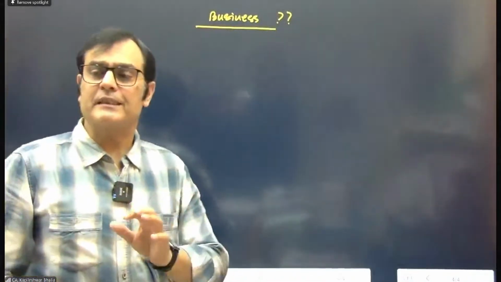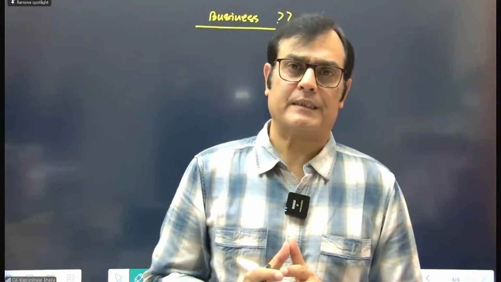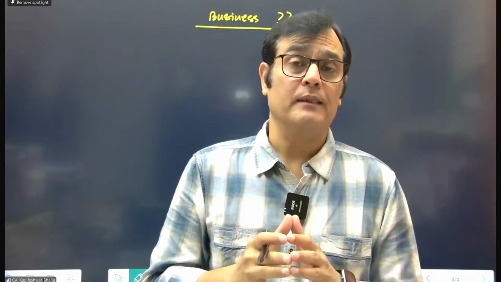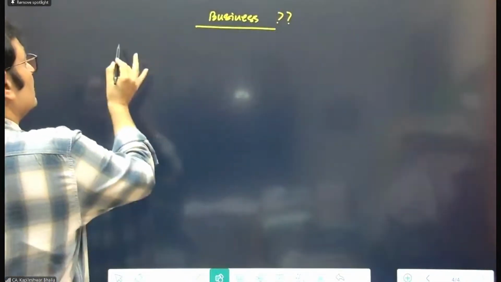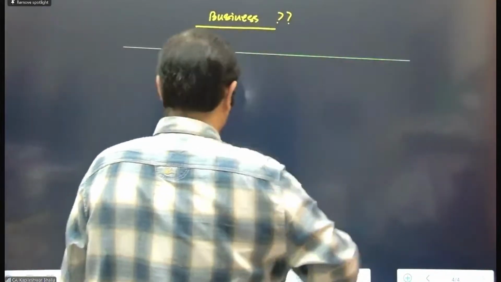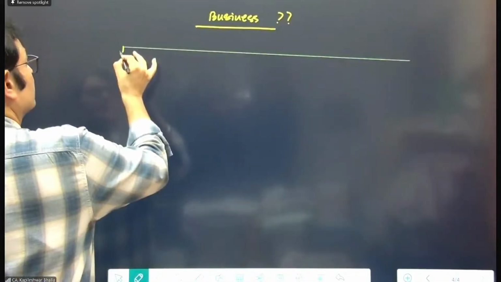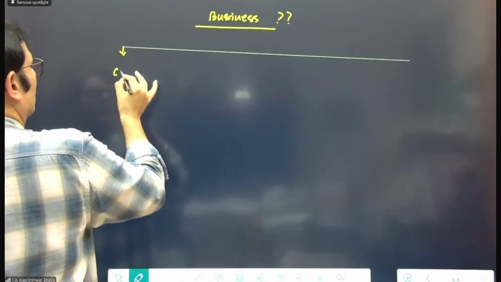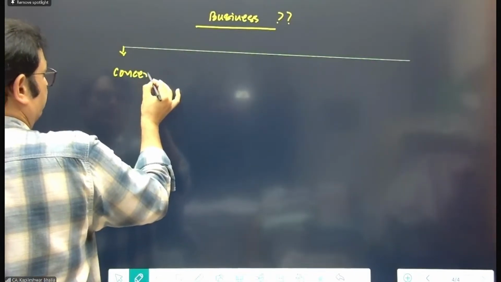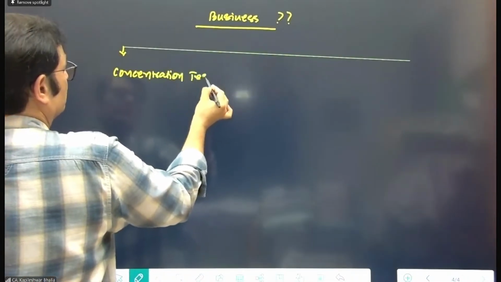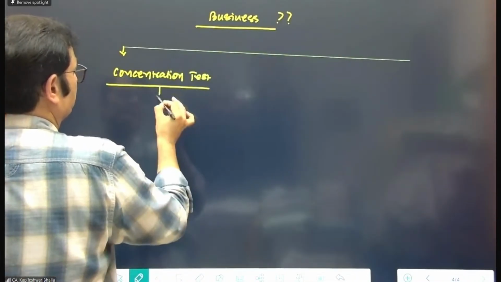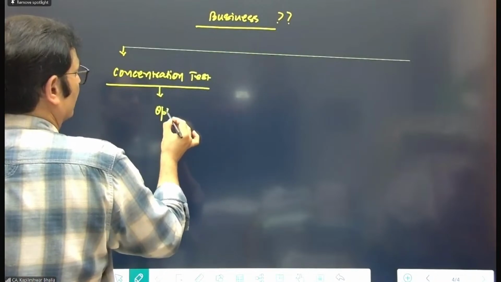So I think first let's take a quick look at the two tests, the interaction between the two tests, which one is mandatory, which one is optional, and what permutation combinations apply. So as mentioned earlier, when you're looking at the concept of a business, it is number one called concentration test. As far as the concentration test is concerned, it is completely optional on the part of the company.